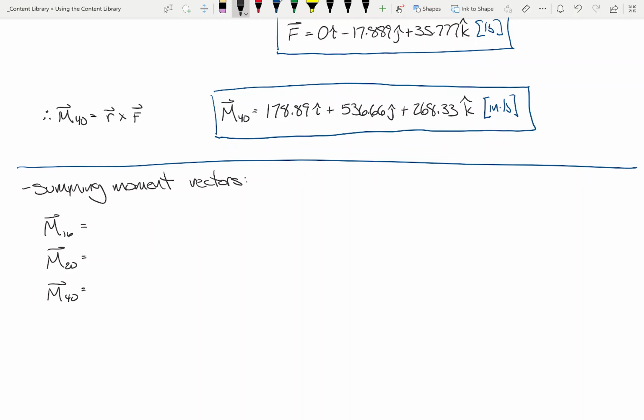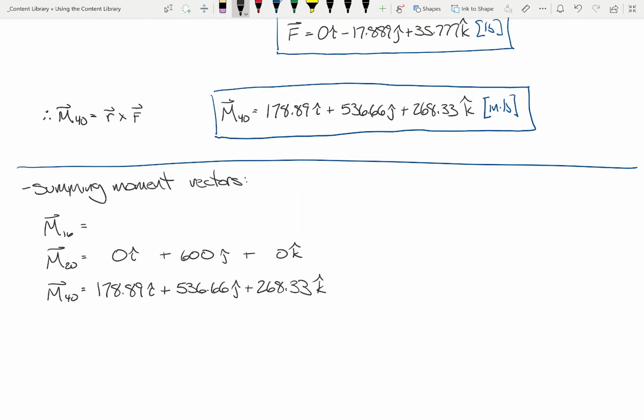So to keep this kind of neat, I'll write the M40 vector first, since it's kind of a mess. And then M20 is 600j, so it's going to be 0i plus 600j plus 0k.